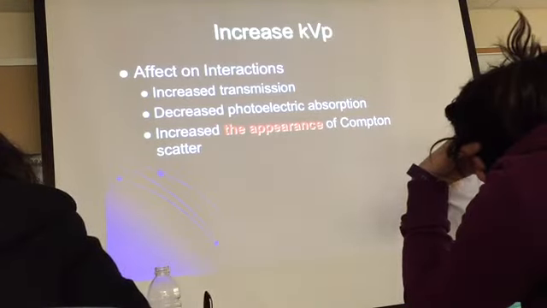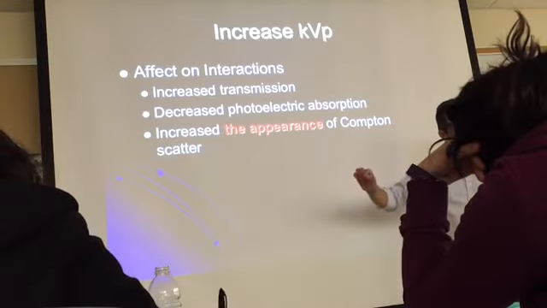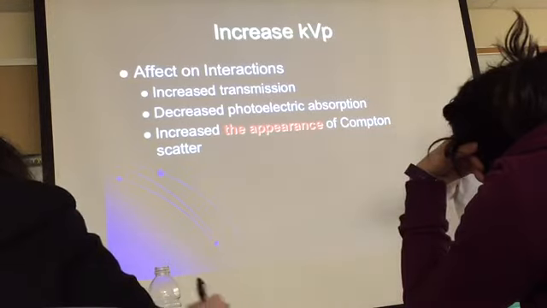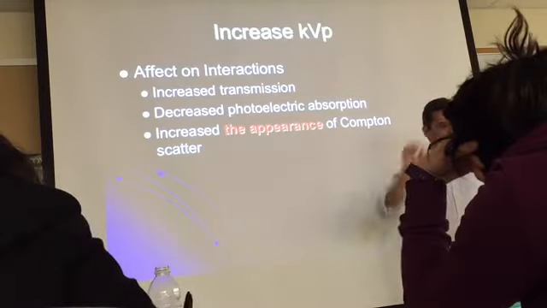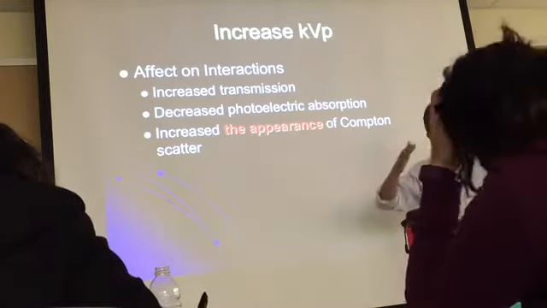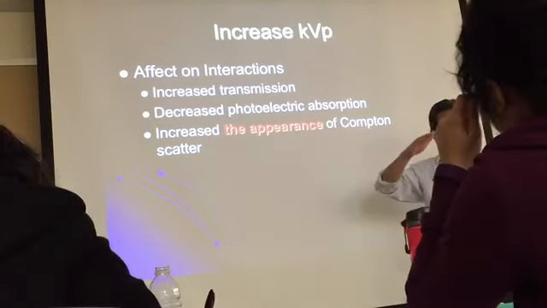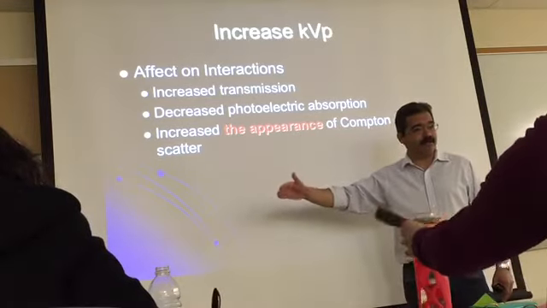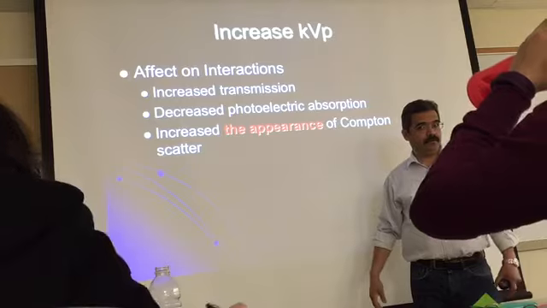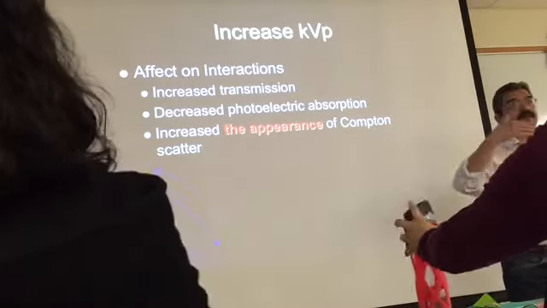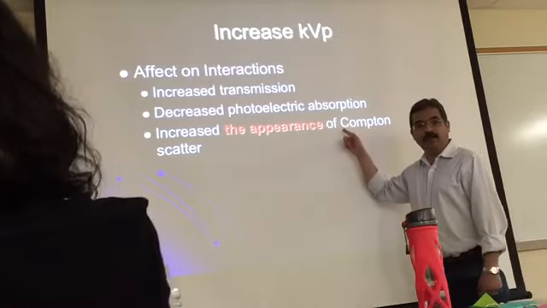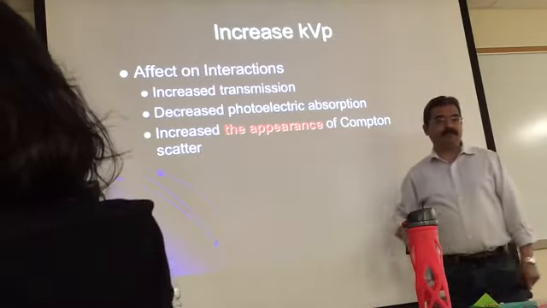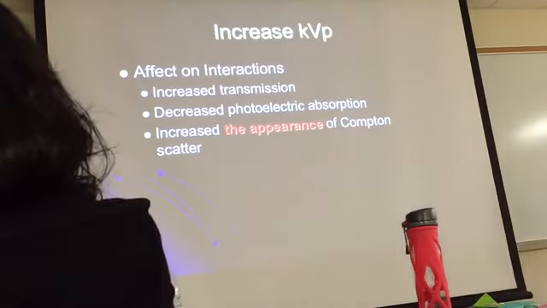The scatter that you create has more energy, and so the scatter can reach the film. Even though there's less interaction, there is less, but they have more energy, and so they reach the film. And so that's why you see more. Okay? Good.